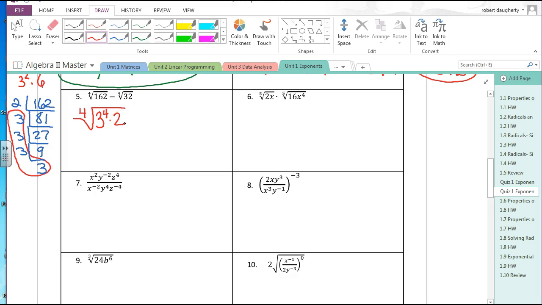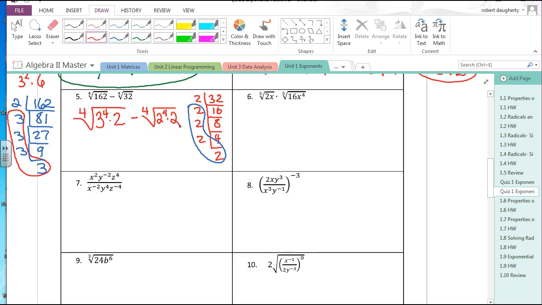And then when I look at 32, when I divide that by 2, I get 16. Divide by 2, I get 8. Divide by 2, I get 4. Divide by 2, I get 2. So I see 4 2s. So this is minus the 4th root of 2 to the 4th times 2.